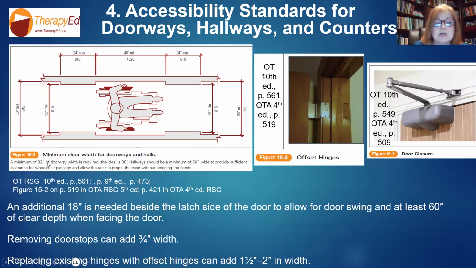So here, to clear a doorway, how much do you need is always the question. A minimum of 32 inches is needed. That's the minimum, but 36 is desirable. And the hallway should be wide enough, because going through a doorway of 32, you're going to do one little push while your arms are out in the hallway.